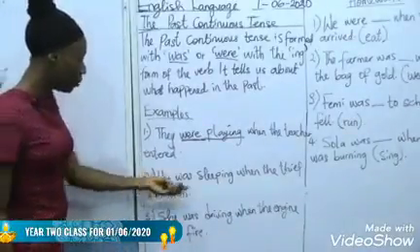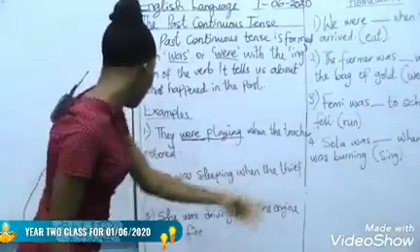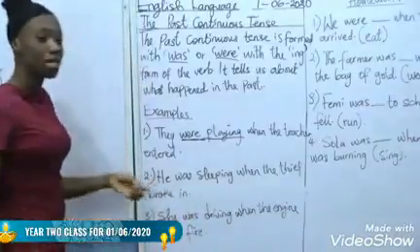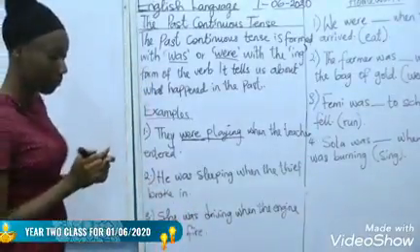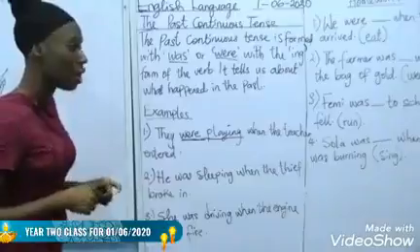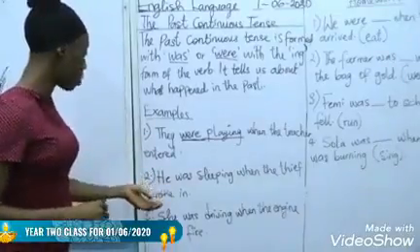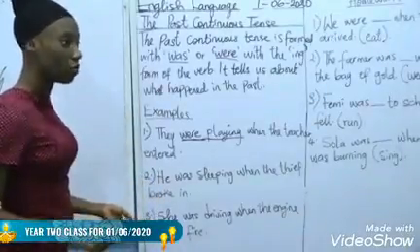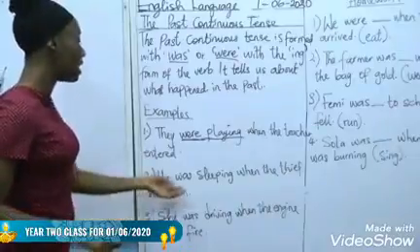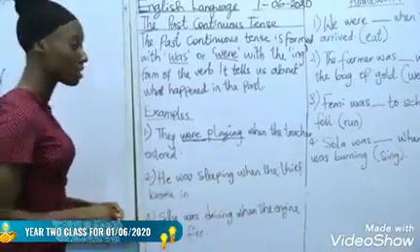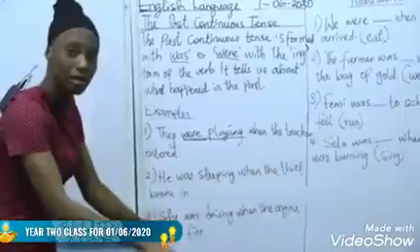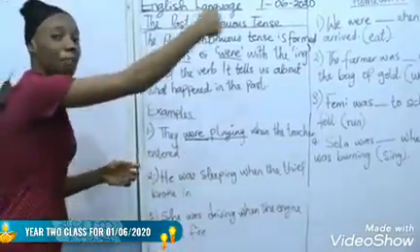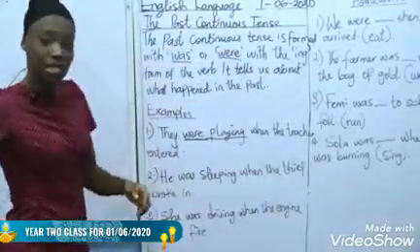We have he was sleeping when the thief broke in. Something happened in the house and maybe your daddy comes back and asks, what was Ade doing when the thief broke in? You say he was sleeping. He is not still sleeping, and he's not about to sleep. It is something that has happened.